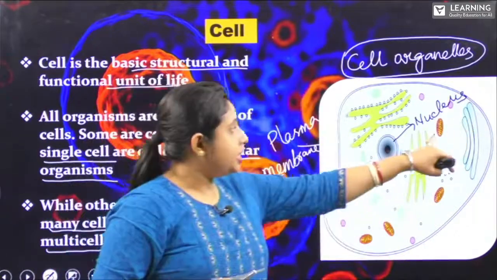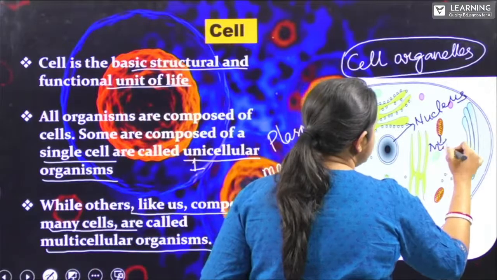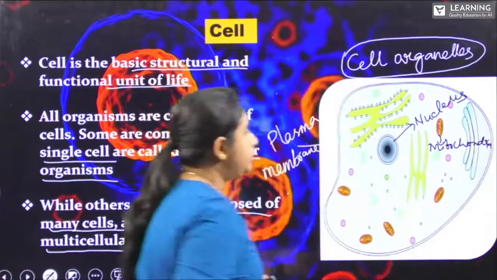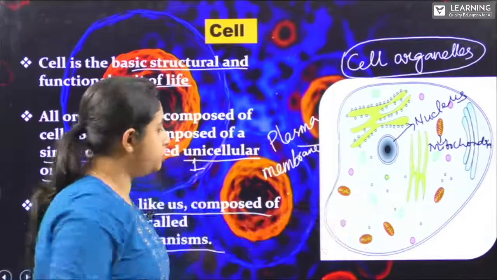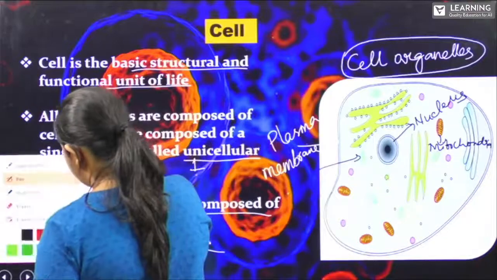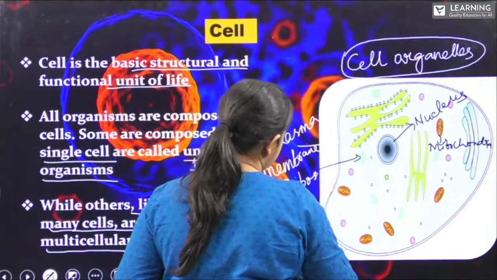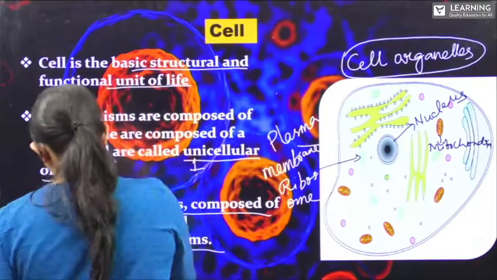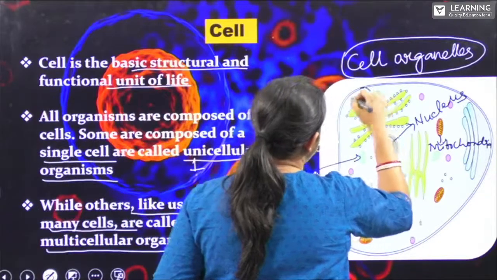Then you will find the cell organelle, the mitochondria. Then you will see the various inclusion bodies, okay? The inclusion bodies, and these are the ribosomes. Then these are the endoplasmic reticulum, written as ER.